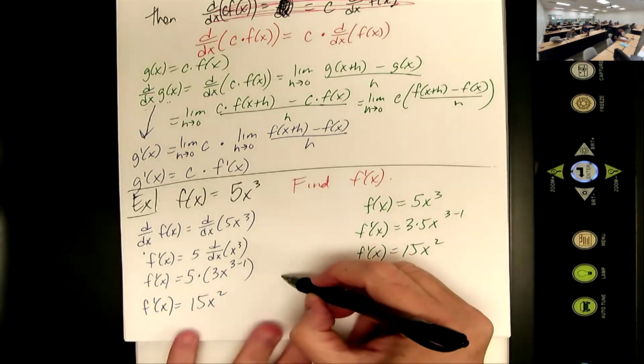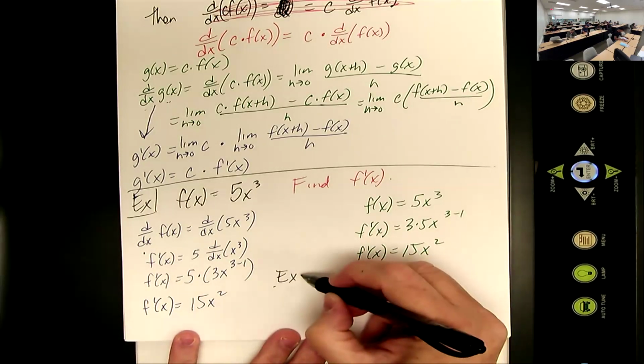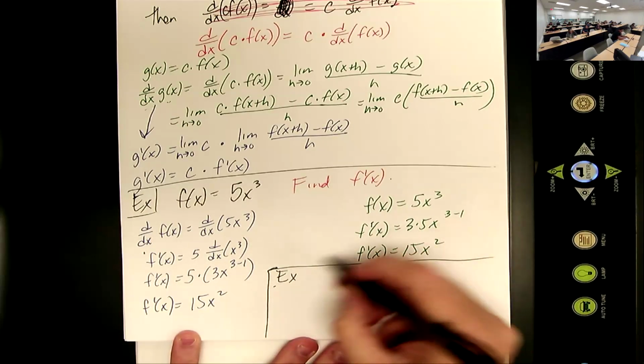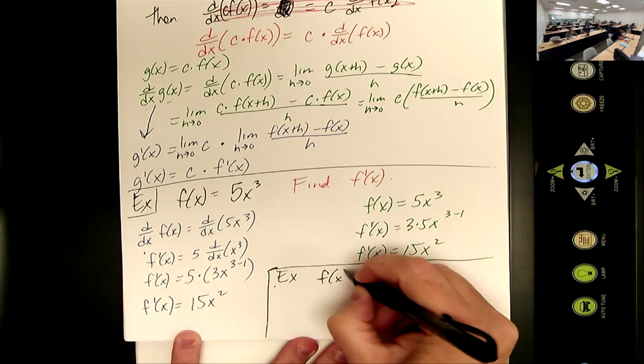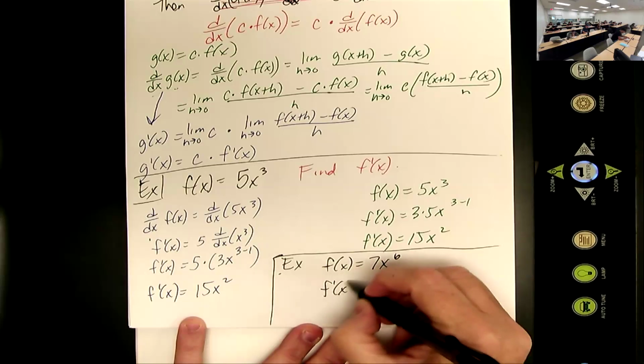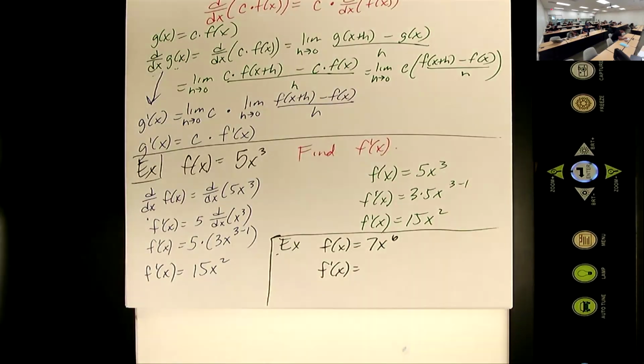Just give you guys one. What is f prime of x? 42x to the fifth. Yeah, give everybody a chance. Looked at it? Have you written it down? Fair enough. It's too big.